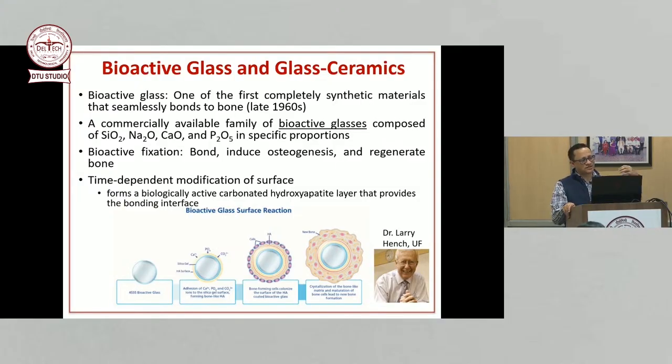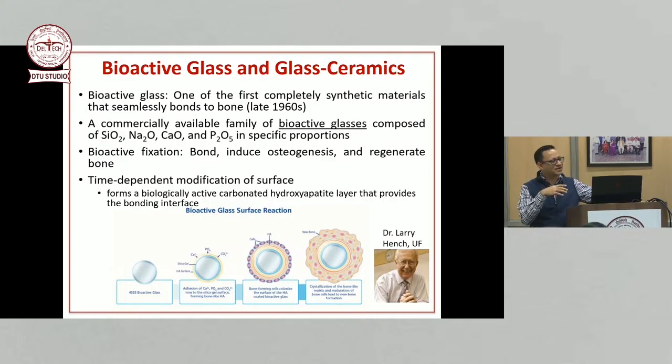So when Professor Larry Hench came back from the conference, he wrote a proposal to the US Army, I think, where he wanted to test this glass material in more bone implant type application. When they got the grant funded, they implanted this glass material, I think in a rat, and his collaborator implanted it, and after a month or 2 months, he contacted him and said, you know, what material did you give me?